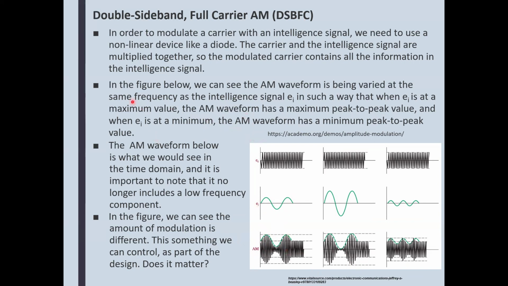What we have here, in the figure below, is that we can vary it at the same frequency as the intelligence signal, in such a way that when the intelligence is at the maximum value, the AM waveform has a maximum peak-to-peak value. And when the intelligence signal is at the minimum, the AM waveform envelope has a minimum peak-to-peak value or variations.